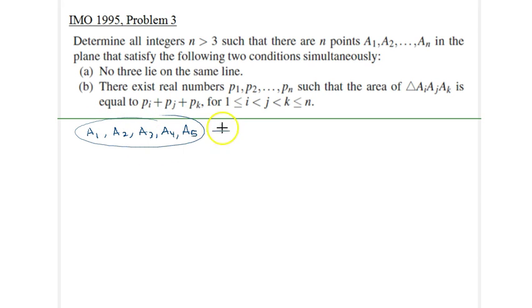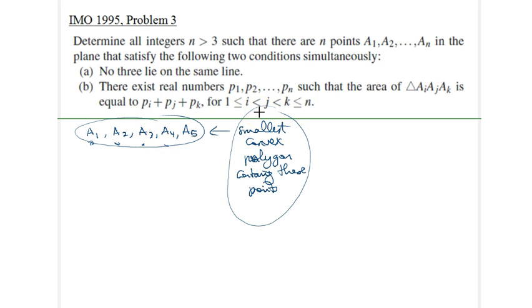So the smallest convex polygon, not necessarily a pentagon. Obviously this polygon will have as its vertices some of these points, maybe all of them, right? So what is the smallest convex polygon containing these points?